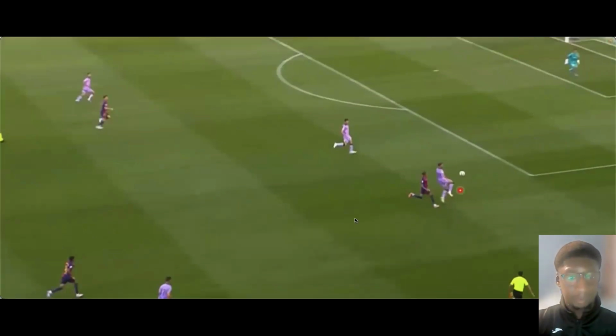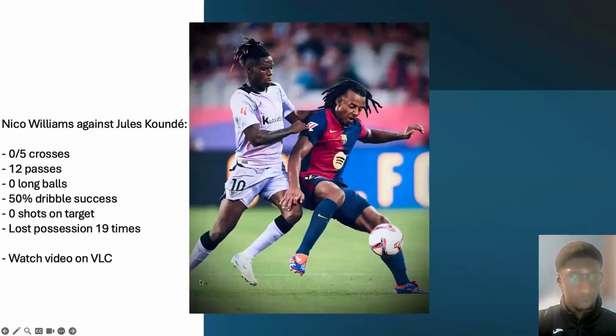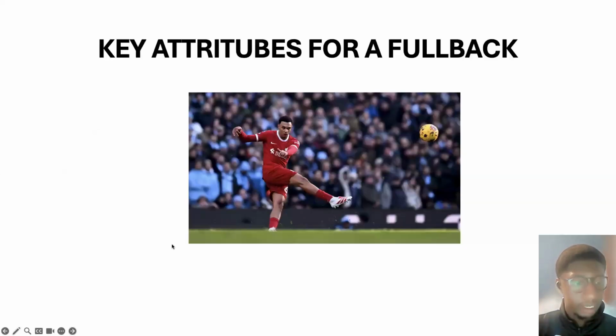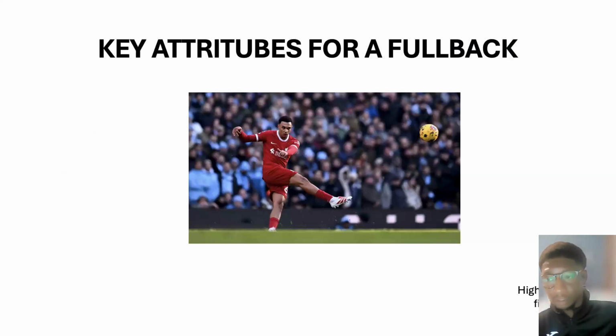So this then leads me on to the key attributes. So the key attributes for a fullback, first and foremost, have that high level of fitness. Okay, as you're going from the defensive third into the midfield third into the attacking third, you really need good fitness levels, good stamina to last the duration of the match.